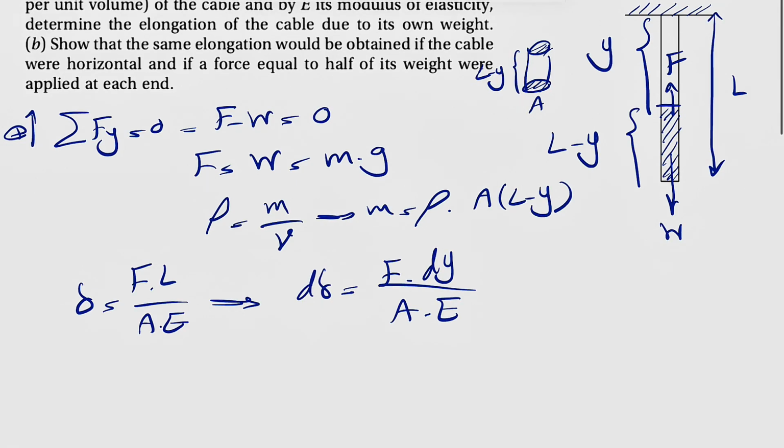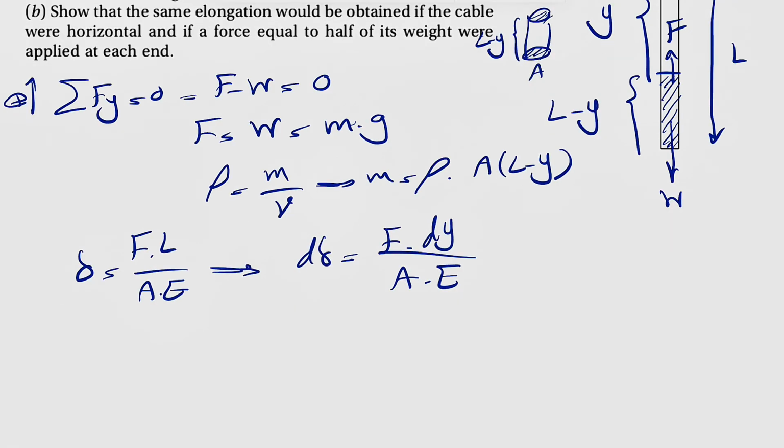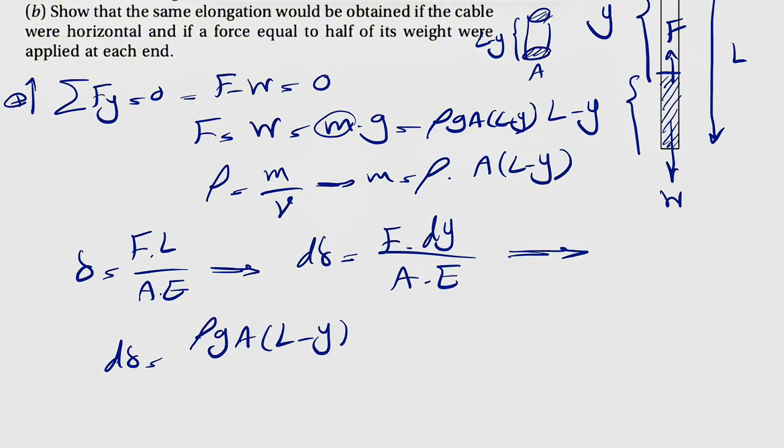We're just going to put the force that we found in the previous part, which was mass times g, so rho g A L minus y, and we can do our integral after this on each side. So d delta is equal to rho g A (L minus y) dy over AE. The A will be cancelled out.